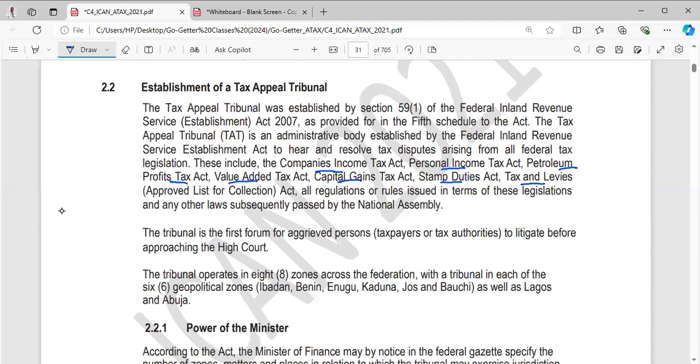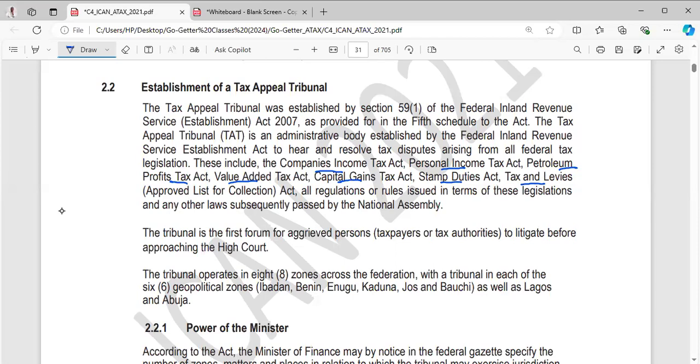The tribunal is the first forum for any aggrieved person, be it taxpayer or tax authority. That's the first place you should go. So if you are not agreeing with the tax authority and they have given you a refusal to amend, you could go to the tax appeal tribunal and lay bare your complaint.